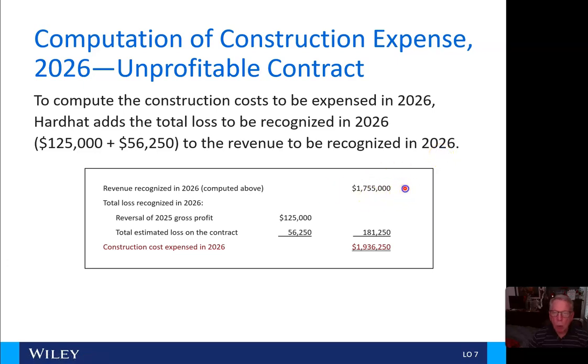So here we have the 1,755,000 that we just did on the previous slide, and then we added the loss of 181,000. So we add that to the revenue recognized to get the construction cost expensed in 2026 of 1,936,250.